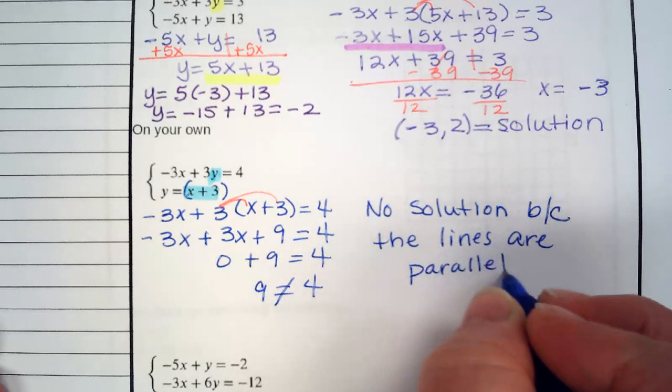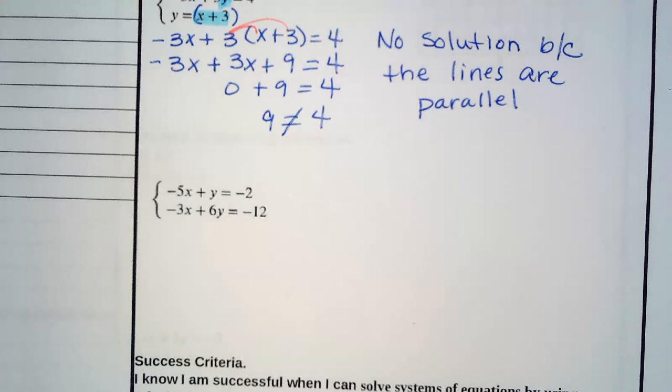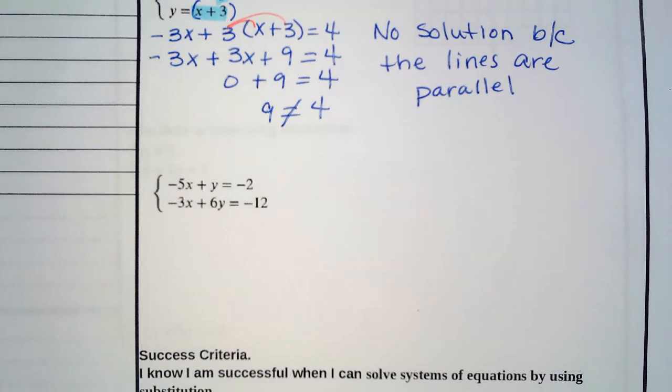Remember, your system of equations, your solution is the point or points in common. Okay, so now pause the video again and see if you can do the last one on your own.